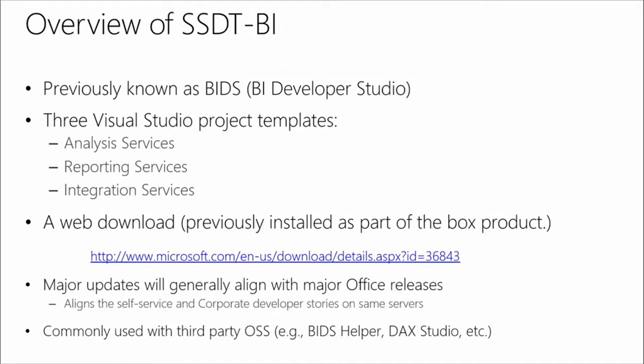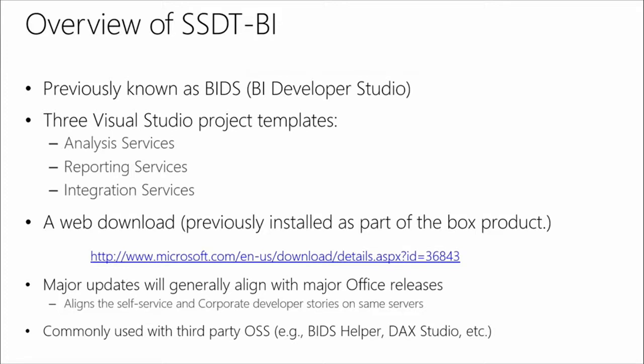It's now a web download. It used to ship in the box. Now you just get it as a download, and you can download the most current version at any point in time. And this is a super important point. As we enabled our personal and team BI story, we started to align with Office.